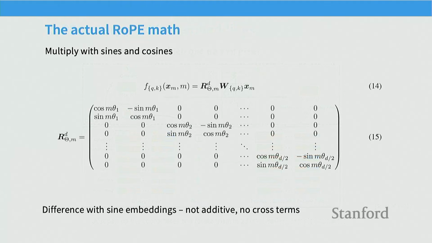And the actual RoPE math here, if you're going to think about rotations, is just going to be multiplying with various sine and cosine rotation matrices. Hopefully you remember this from linear algebra and trig. And so you can think about this as an operation where you multiply your embedding vectors with these 2 by 2 block matrices. And there are no additive or cross terms that appear here. This is all purely relative.